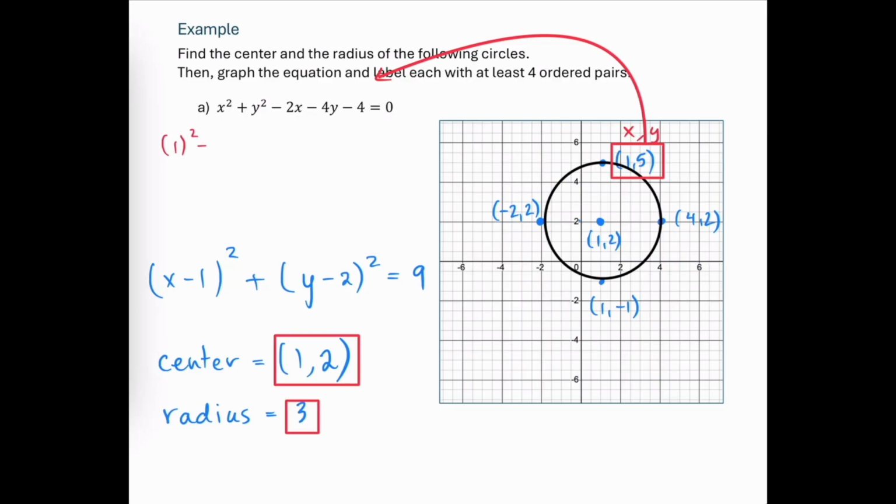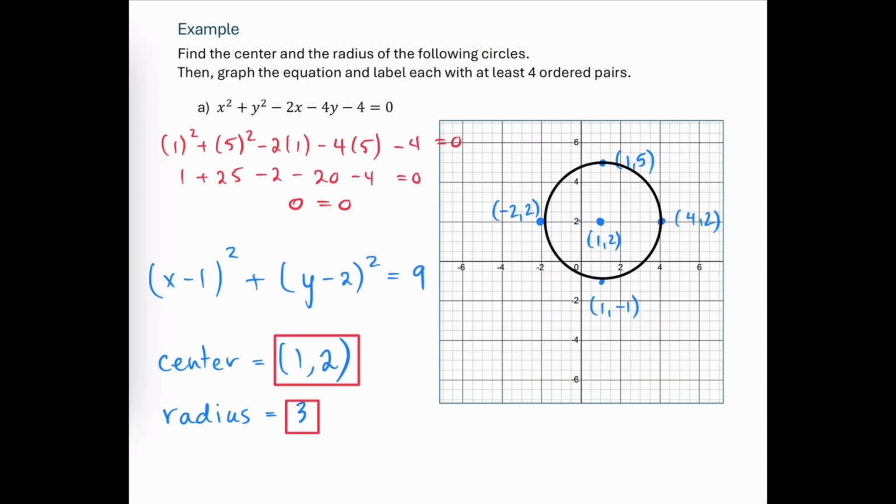So we have 1 squared plus 5 squared minus 2 times 1 minus 4 times 5 minus 4, which is going to give us 1 plus 25 minus 2 minus 20 minus 4. And these all do add to 0. This is positive 26, this is negative 26. So we end up with 0 is equal to 0, which means that this is an ordered pair solution, and therefore a point on the graph. So that's enough to convince me that our circle is correct.